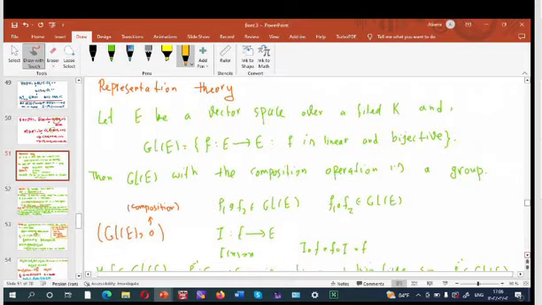Definition: any homomorphism from G to GL(E) is called a representation, because we know that these two are groups. Okay, G is a group and this is a group. Let me write.